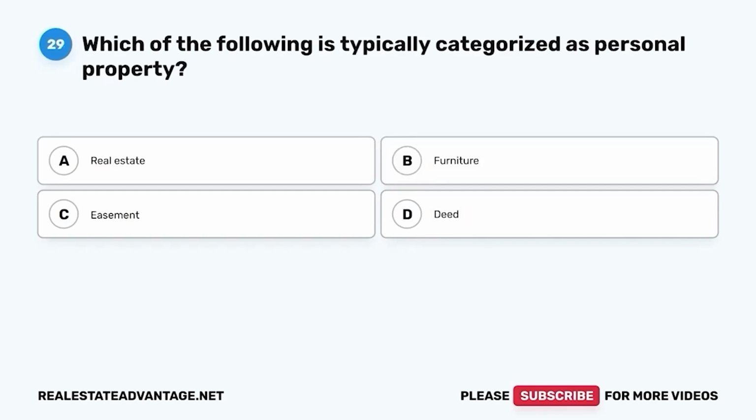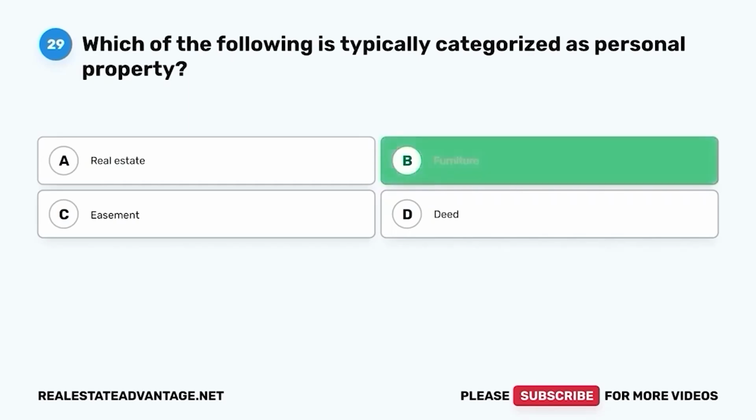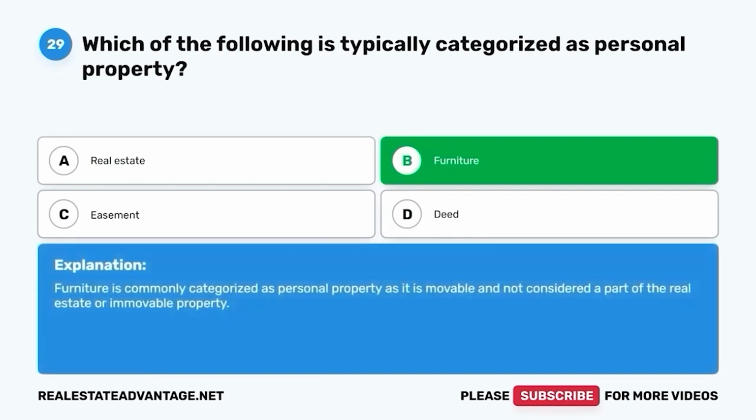Which of the following is typically categorized as personal property? A. Real estate. B. Furniture. C. Easement. D. Deed. The correct answer is B. Furniture. Furniture is commonly categorized as personal property as it is movable and not considered a part of the real estate or immovable property.